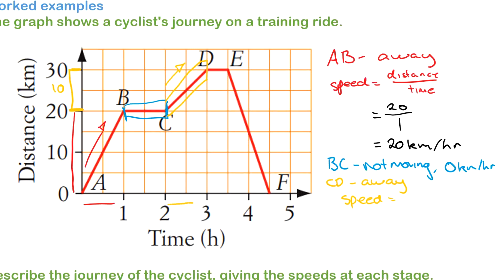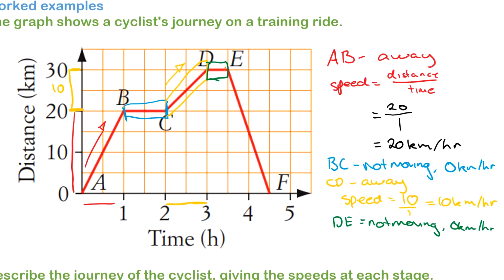And down here, we've moved between 2 and 3, so over 1 hour. So we've moved 10 over 1, which is 10 kilometers per hour. The next section is at this point up here, at D to E. Again, D to E is flat, so we're not moving, and it's 0 kilometers per hour.